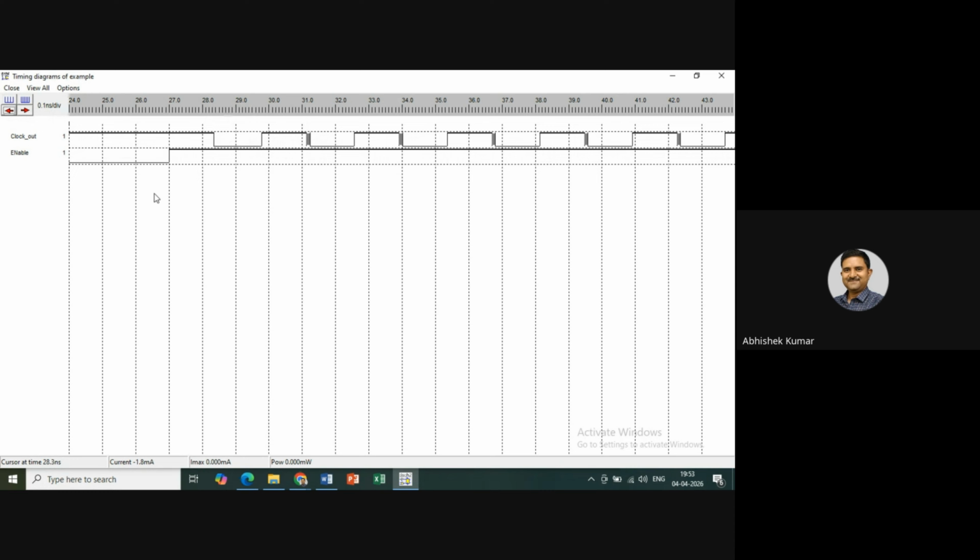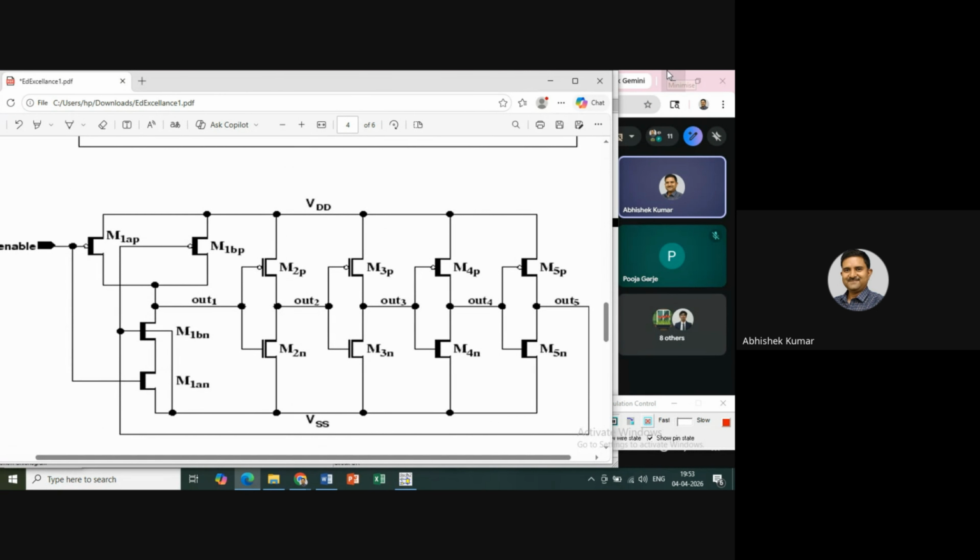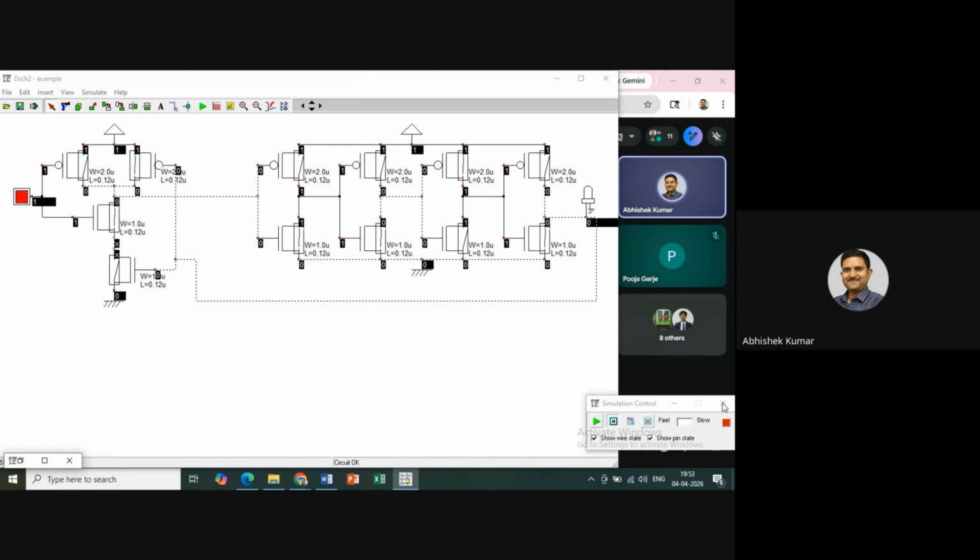So frequency will be 1 upon the time period. So 1 divided by 1.8 will come around 0.833 gigahertz. Okay.